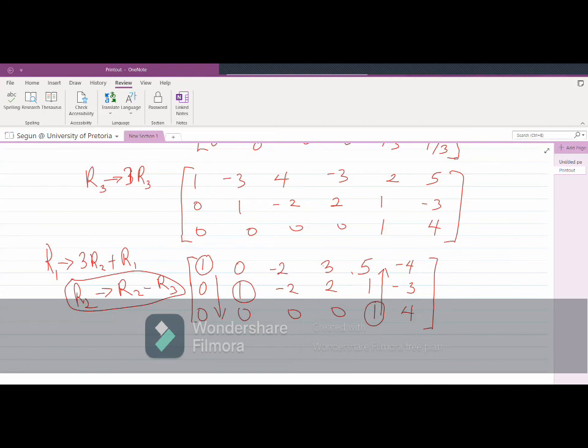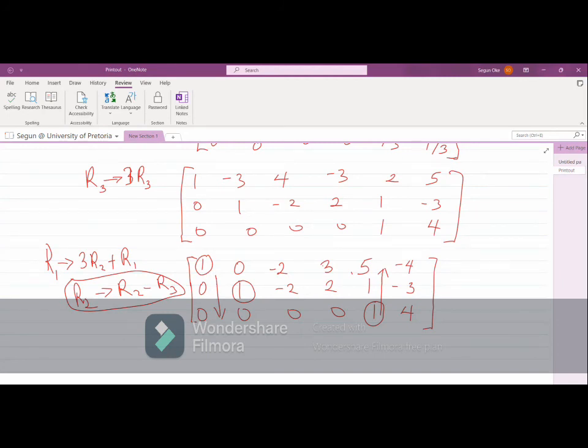That is your target. The leading one will be 1, others will be 0. How do you make 5 and 1 to be 0? That is the next thing you need to do.